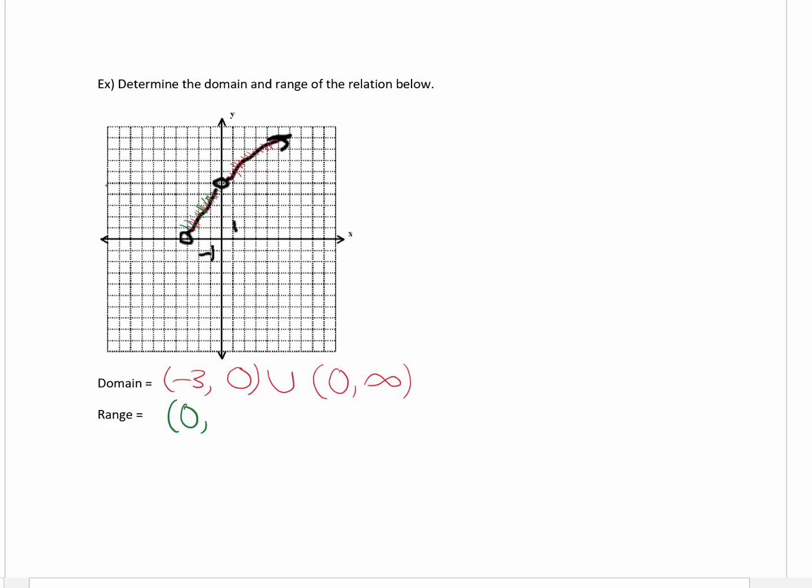But again, there is no other range value here that will be equal to 5, so 5 is going to be excluded here. But there are more range values here, so we need to keep going. Start again from 5, and because it goes up forever, that goes to positive infinity. So the range can be here or here. I need to put the union symbol there for that.